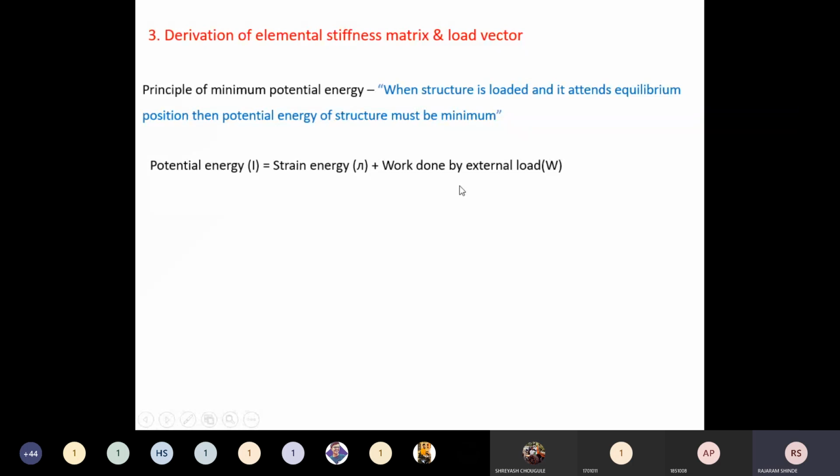Now what is the strain energy? We will write the equations one by one because this requires a big derivation. I have written this in notation, that is, Pi equals U plus W. Pi I am using as notation for the potential energy, U for the strain energy and W for the work done by the external loads.